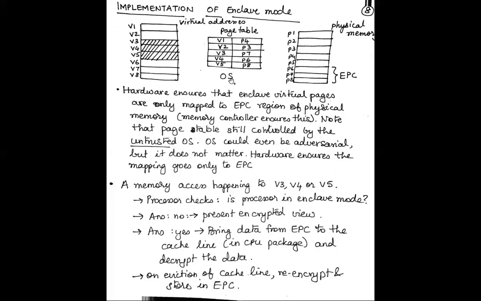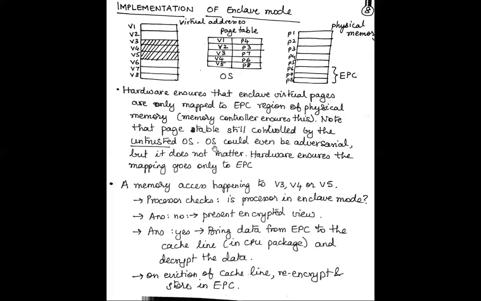So the important thing to note is that this page table is a data structure that is managed by the operating system, which in the SGX model is untrusted. In fact, it could even be malicious. The operating system could be actively malicious and try to change these page table mappings and try to defeat the security guarantees of SGX.